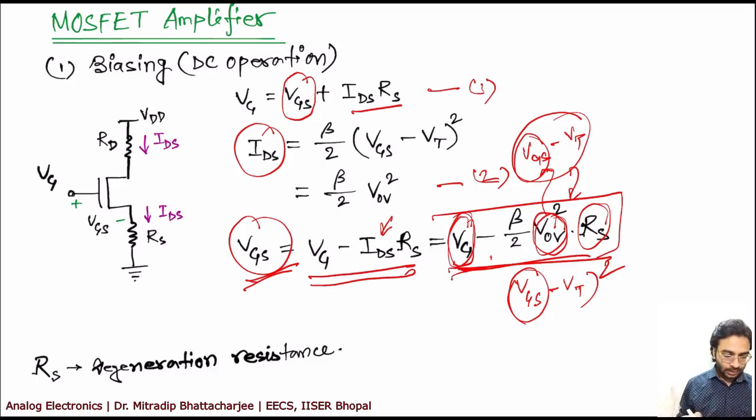In this case, this RS resistance is known as degeneration resistance. I will discuss this later, just to mention the name. Now this is one DC biasing for a MOSFET amplifier.